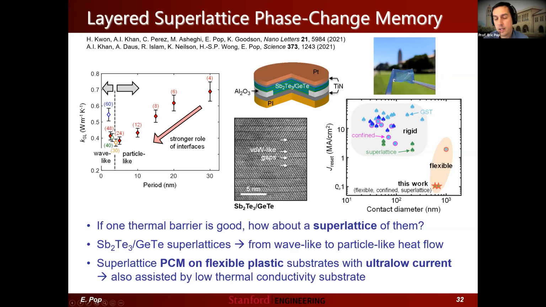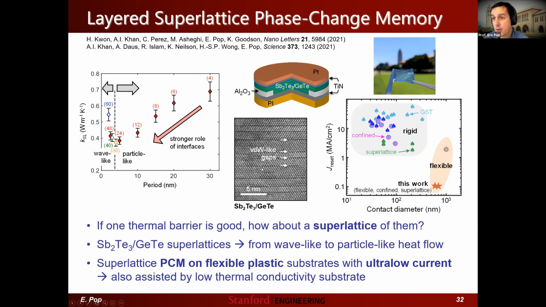And what we found is that if you combine the superlattice that has ultra low thermal conductivity with the plastic substrate that also has very low thermal conductivity, you can get a phase change memory that actually switches with extremely low power, extremely low programming current, which is sort of a breakthrough in terms of this technology.